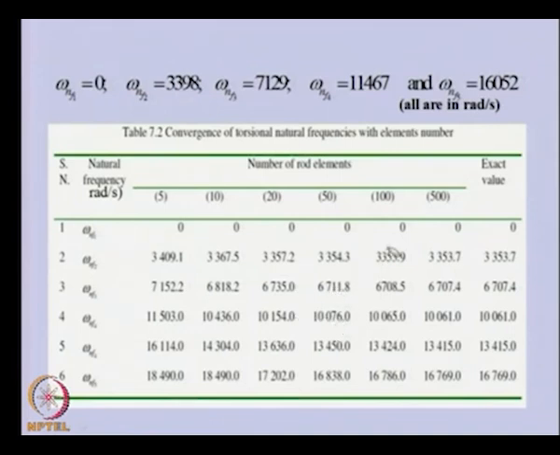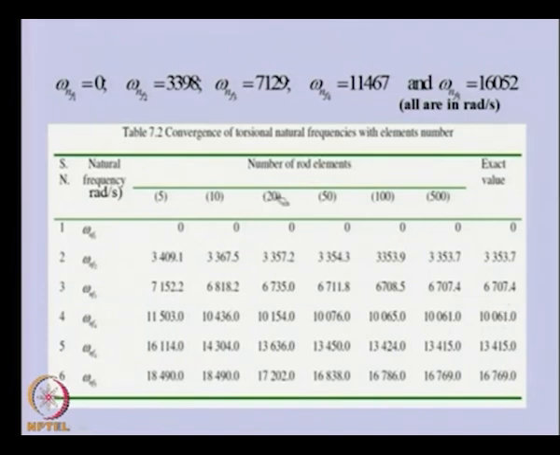So 100 is good enough, I think, for convergence, but just for checking, if we take up to 500 elements, you will see the values are quite stable, and these are the values corresponding to the closed form solution. So for 500 elements, we are getting exactly the same as the closed form solution.